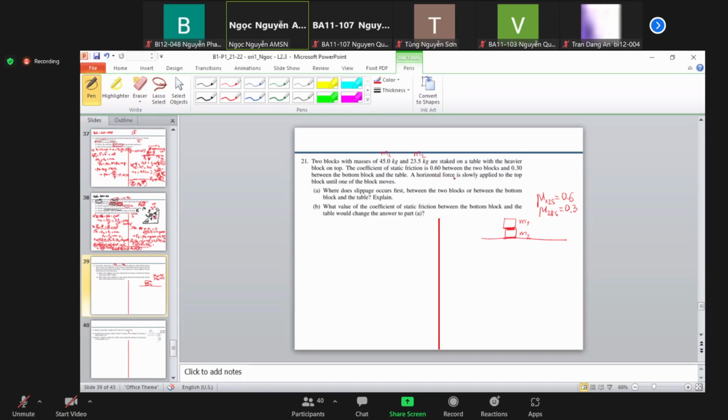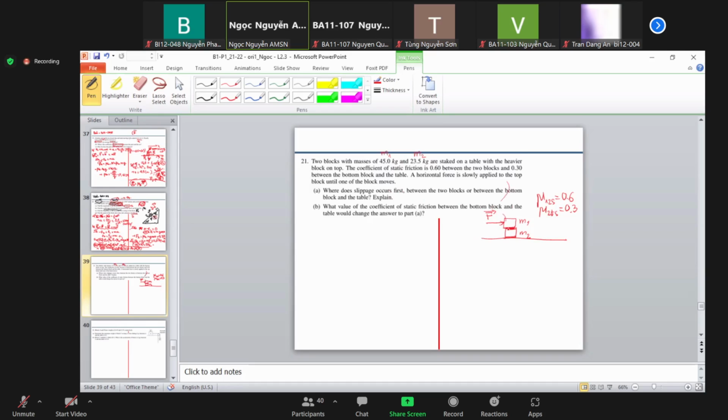The horizontal force is slowly applied to the top block until one of the blocks moves. We don't know which block will move, but we know that we have the horizontal force, which I call F, acting on the top one. The question is, where does slippage occur first?